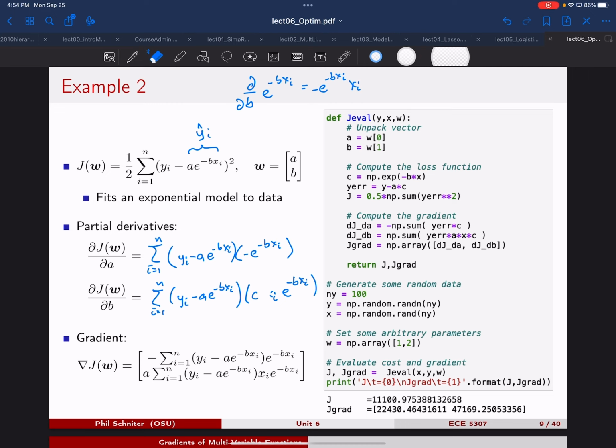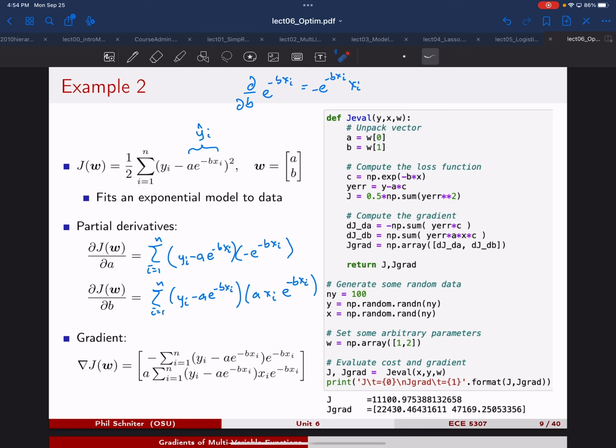It says a xi. So the chain rule is something we're going to be using a lot, so it's good to get some practice there. Basically, once you have these computed, you just pack those numbers into this vector. That becomes your gradient, and that's it.